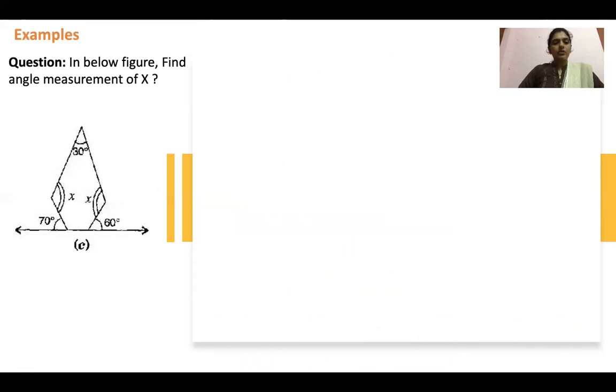Now come to the next question. In the given figure, find the measure of angle x. For that, first the base interior angle: this angle makes a linear pair with 70.